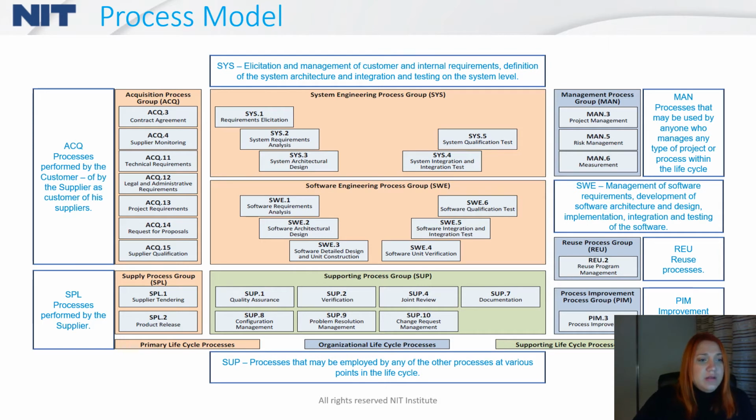And the 2 groups which I mentioned, reuse processes and improvement processes, are used for the higher levels of automotive SPICE. All of those processes which are important for developing automotive projects will be explained later on through the next lectures.